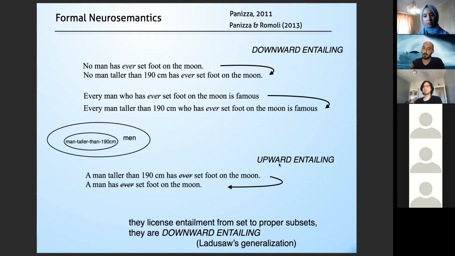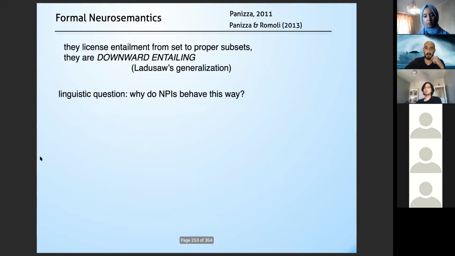Okay. So the generalization is that only in downward entailing contexts can you license NPIs. So if you say a man taller than 190 has ever set foot on the moon, you get an ungrammatical sentence. Now, the question is, well, first of all, why do NPIs behave this way?